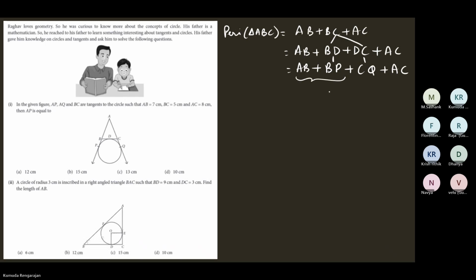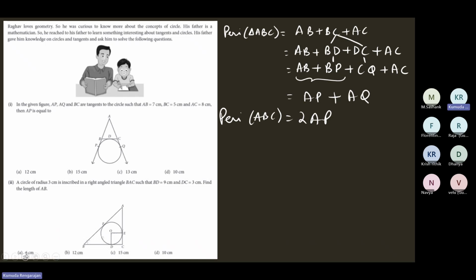Now AB plus BP is AP, plus CQ plus AC is AQ. So the perimeter of triangle ABC is equal to AP plus AP, because AP is equal to AQ. So twice AP. So AP is equal to half the perimeter of triangle ABC.